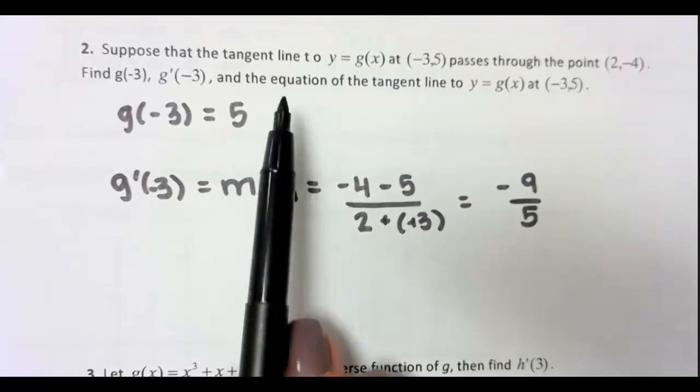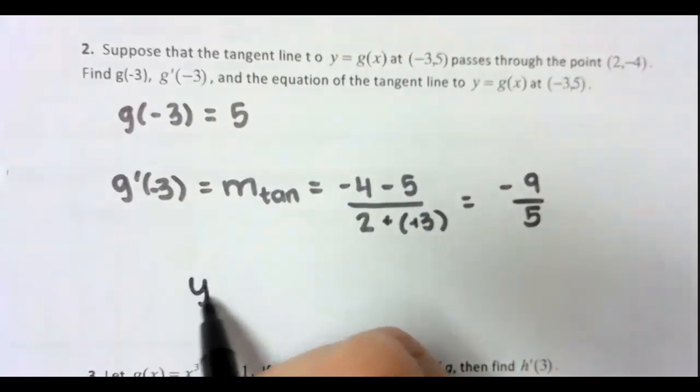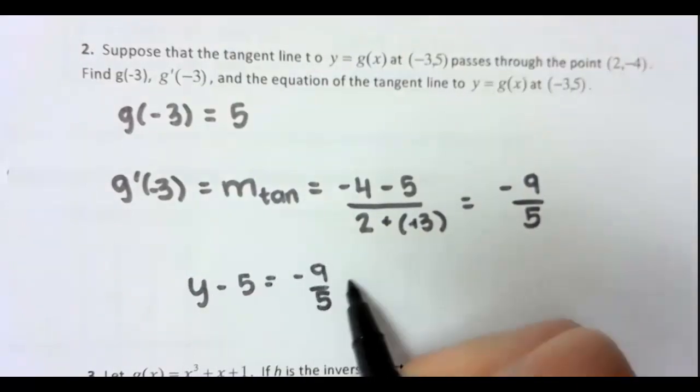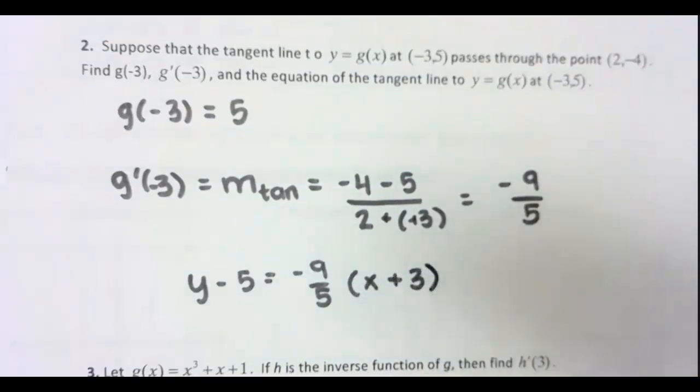And then it says write the equation of that tangent line. So that would be y minus 5 equals -9/5 times x minus a negative 3, which is a positive 3.